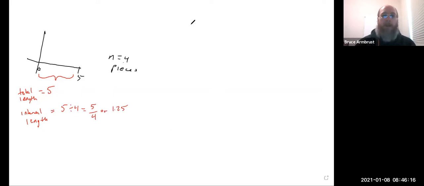So what that would look like, if this is our interval from 0 to 5 and we split it into 4, there are 4 chunks. This first one's going to be 1.25. The next one's going to be 2.5, then 3.75.